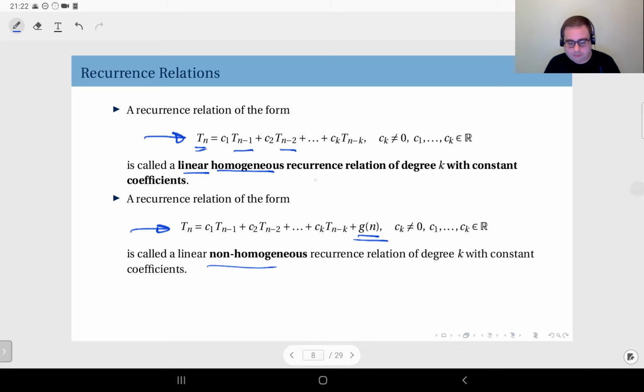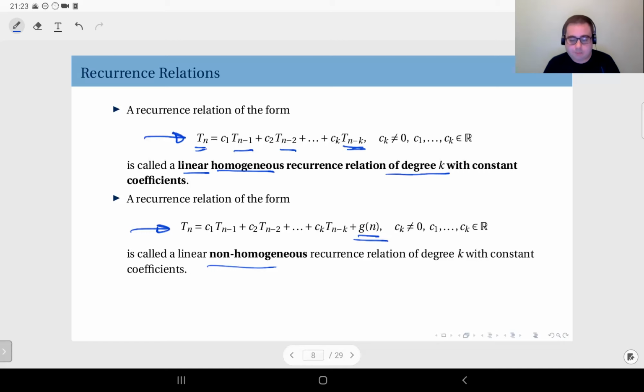Okay, so what's next? Degree k. Now, this comes from the fact that you go as early as Tn minus k. So Tn depends on the value of this function T, which is observed, let's say, k slots before.